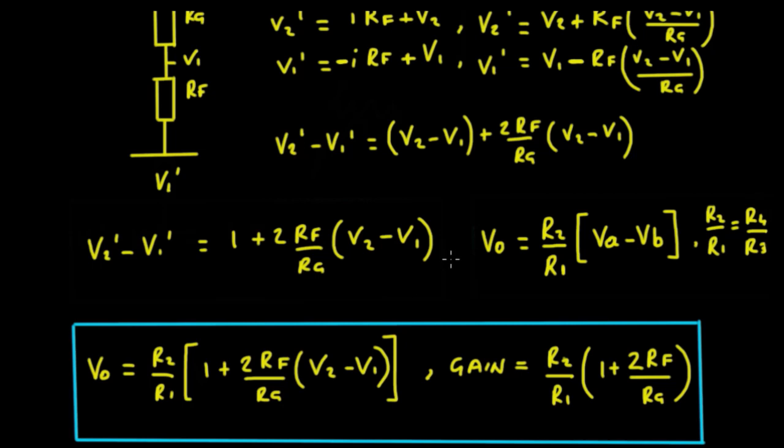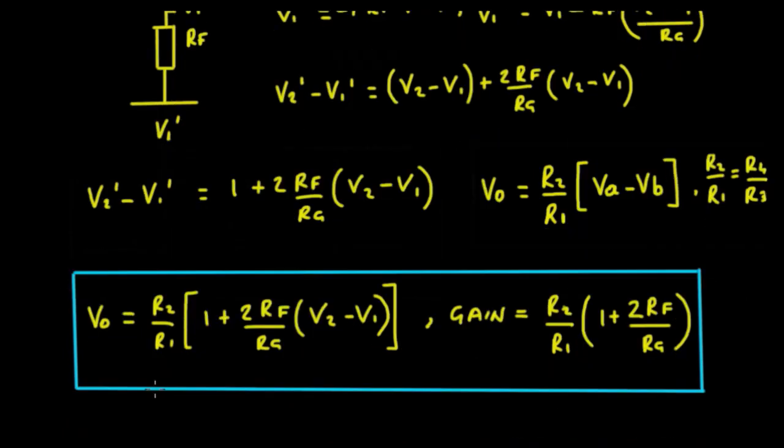So finally we can say that V out is going to equal R2 upon R1 times VA minus VB. We're making the assumption there that the resistors are in ratio: R2 upon R1 is the ratio of R4 upon R3. That's a little proviso, that it needs to be true in order for the design to be correct.